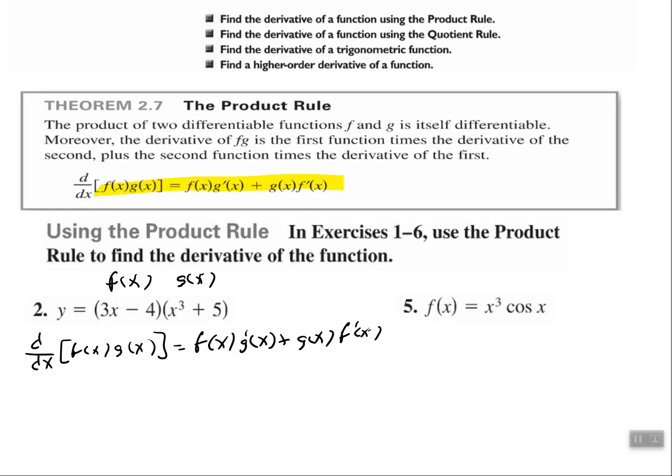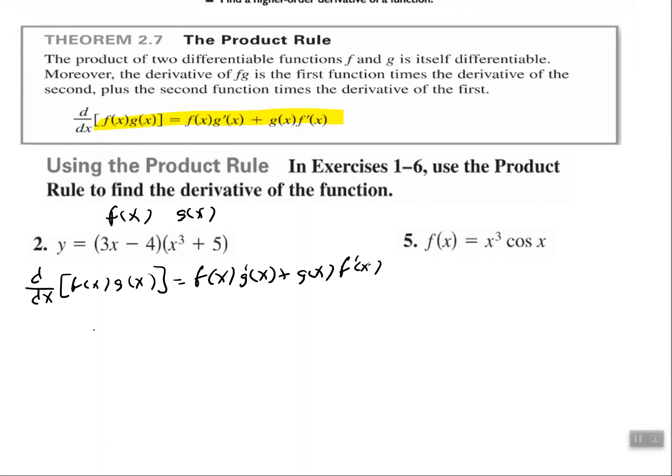Alright, so the first, 3x minus 4, times the derivative of x to the third plus 5. So the derivative of x to the third is 3x squared.